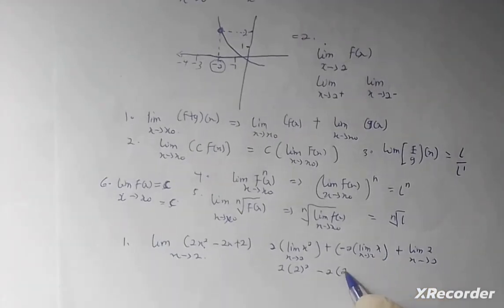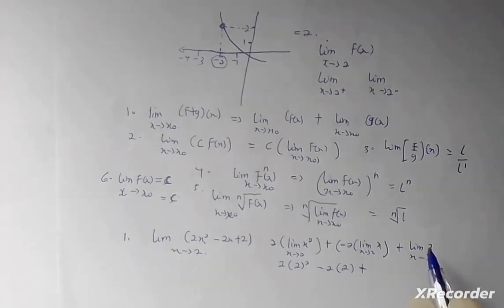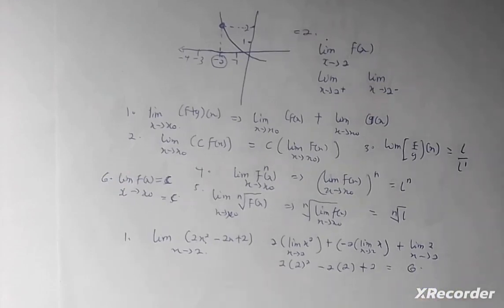Plus, and from the other property saying that the limit of any constant function is the same as the value I have here, so plus 2. And this is going to give me 2 times 2 squared, that will give me 8, minus 4, that will give me 4, plus 2, 6. And that is our limit. So if we draw this graph and we find the limit on the graph, you realize that at x equals 2, you get 6 as the limit on the graph.